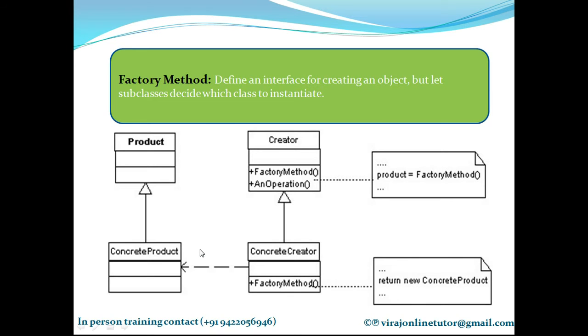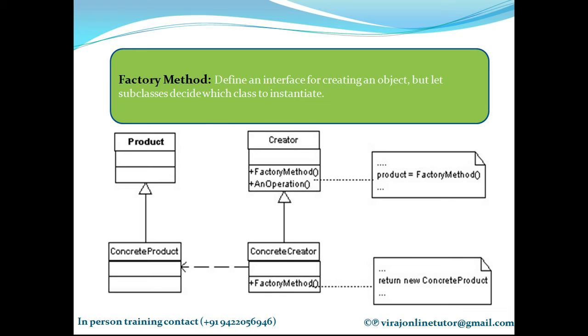So irrespective of whether I return new concrete product 1 or new concrete product 2, the return type always has to be product, and that works. That is the main key point of factory method. Always remember, the return type has to be of the base class, but you can have whatever logic you want inside this factory method to decide which concrete product to create.